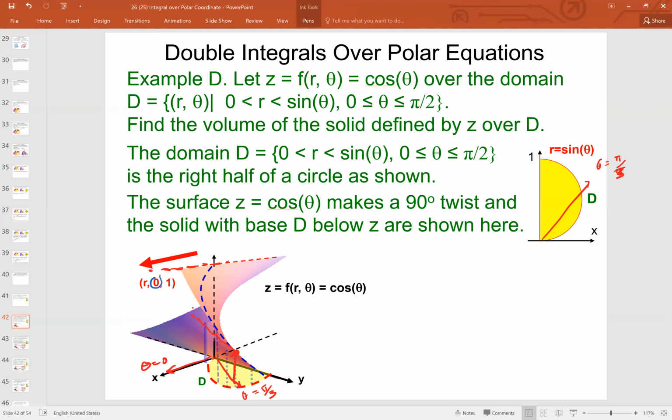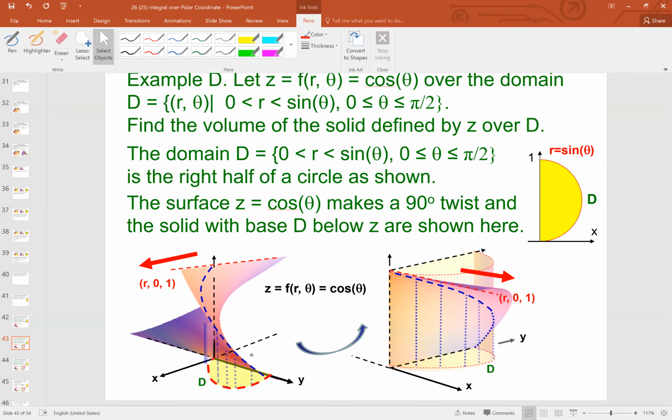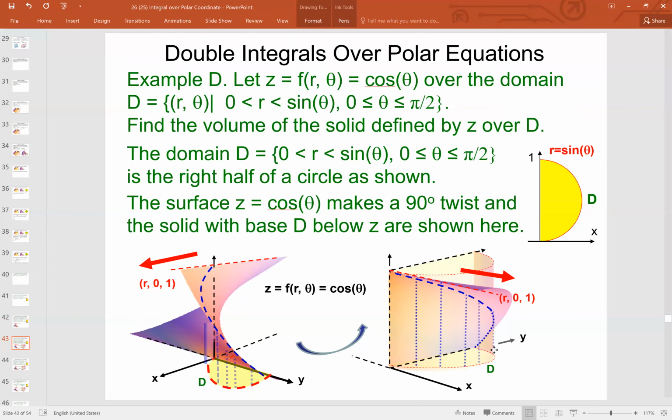Okay, so in other words, this particular surface is formed by taking the line and making it twist. And if I look at it sideways, I want to calculate the volume of this, like a drape, like a sheet, that sits over the semicircle, the volume under the sheet.